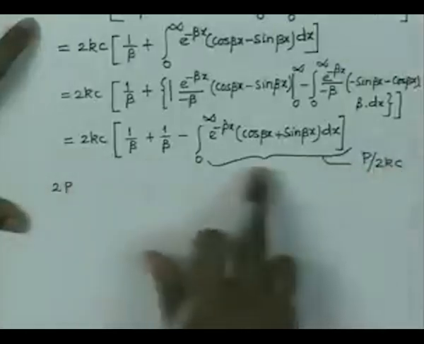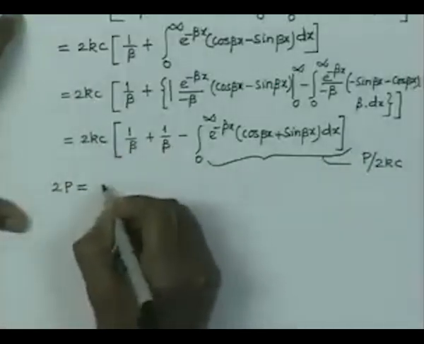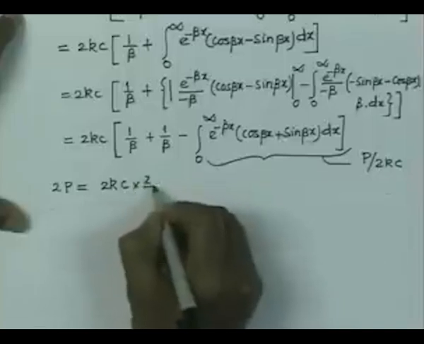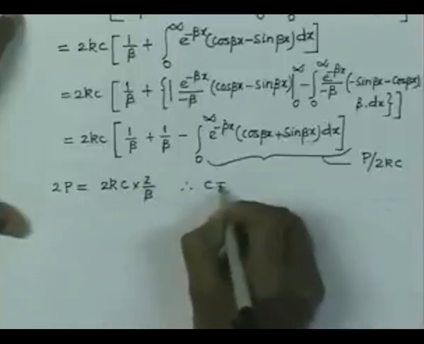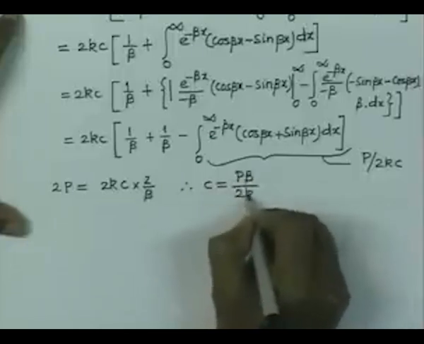So, this 2 kc will cancel, this p can be taken to the left hand side, and therefore, we have 2p equal to 2 kc into 2 by beta, and hence this constant is equal to p beta by 2k.